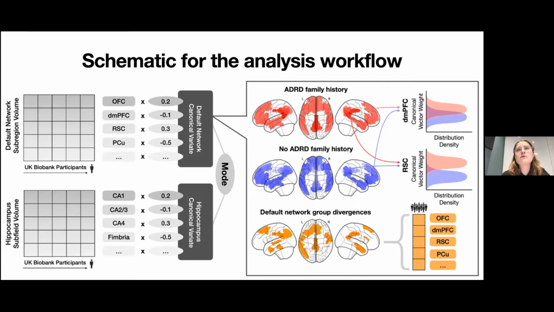And we looked for the difference between these two distributions, so the weights in participants with and without family history of Alzheimer's disease. And we considered statistically relevant brain regions that had no null effect within a two-sided 80% confidence interval. So this is what I tried to illustrate here. So we kept the regions that had statistically relevant deviation.